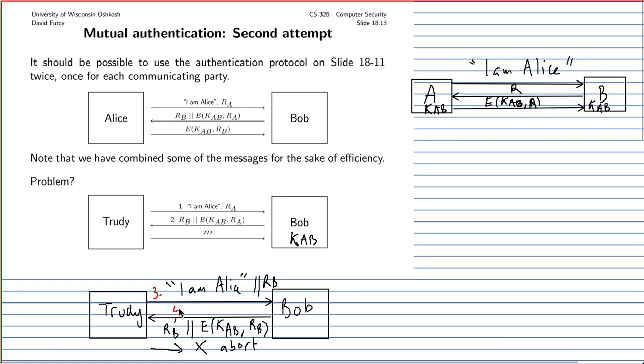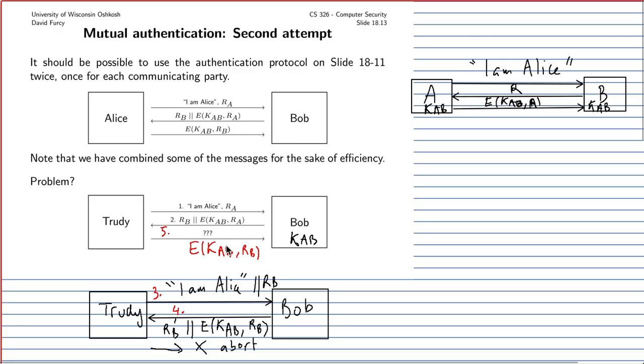Then she's going to get an answer from Bob. And now she can go back, after aborting the second run of the protocol, and send to Bob whatever Bob just sent her. That is the encrypted version of his challenge to her, encrypted with the key that she doesn't know.